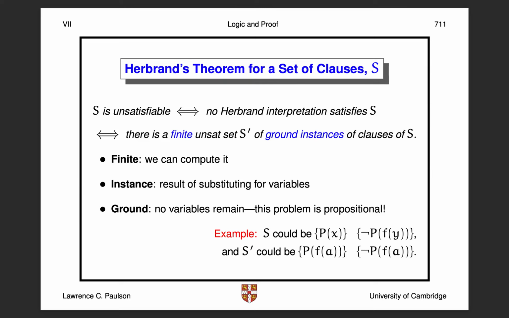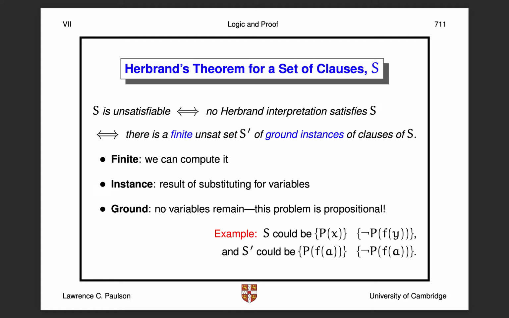From this it follows, of course this is not a proof, I'm merely sketching what the theorem says, but thanks to this construction that we have just quickly walked over, we can obtain Herbrand's theorem, which tells us that a set of clauses S is unsatisfiable if and only if it is not satisfied by any Herbrand interpretation.